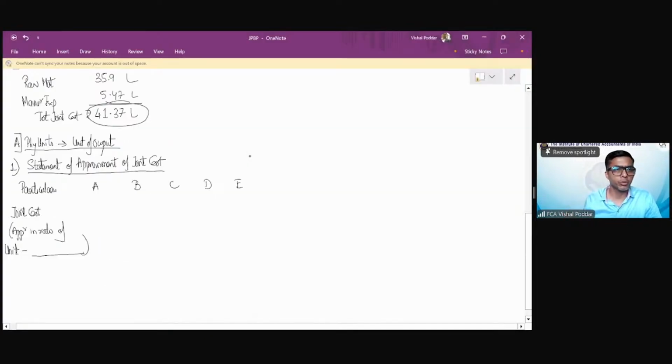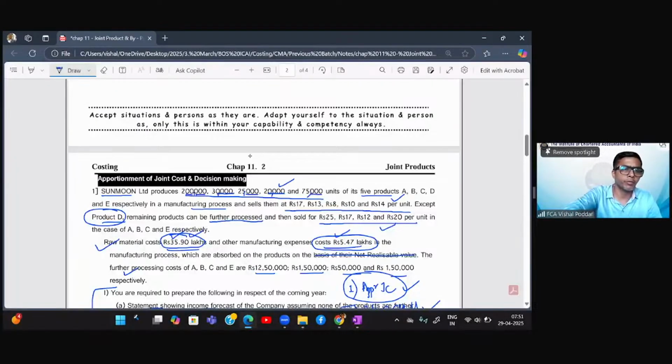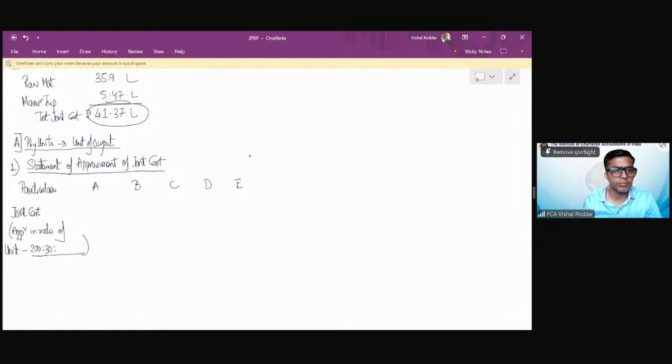So my simple ratio is 2 lakhs is 200, 30,000 is 30, 25, 20, and 75. I hope this is clear. I'm sure students who are very good at maths will say, sir, let us reduce it further, divide by 5, divide by 20, 30. You can do whatever you want, but I do not like to complicate the solving. So for me, the simple ratio is 200 is to 30 is to 25 is to 20 is to 75.